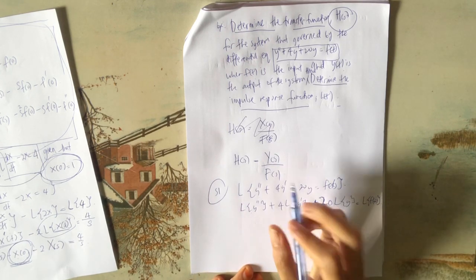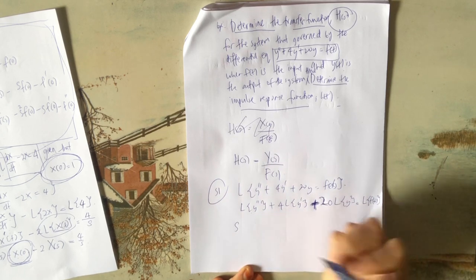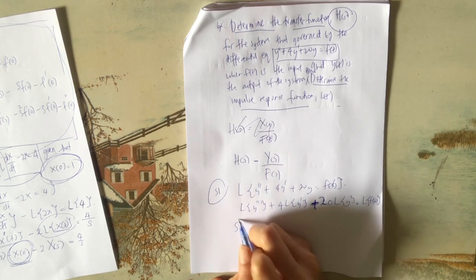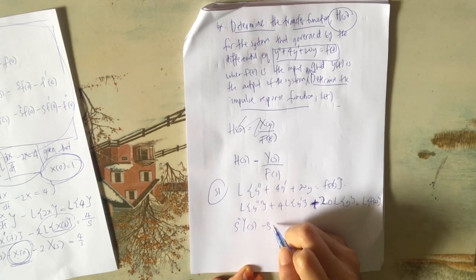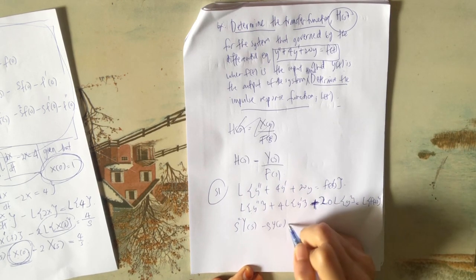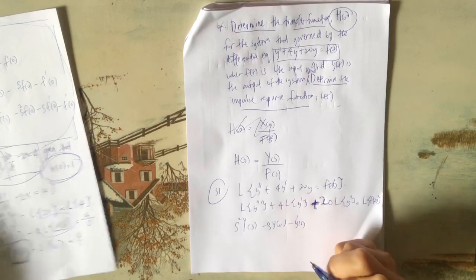So L of y double prime will be s squared Y(s) minus s y(0) minus y prime(0). Just look at here.